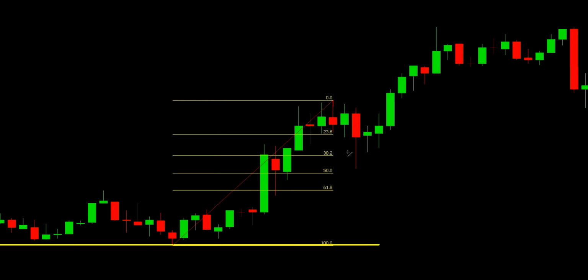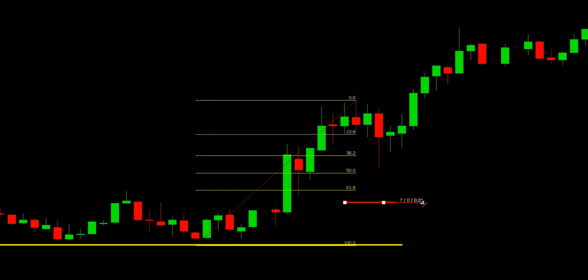However, over time, I've come to rely on the exact Fibonacci levels less and less, and now just tend to prefer to think of the standard range being somewhere between 30% and 60%. And so one place that you might consider setting your stop loss is below that 60% level. So maybe somewhere here.